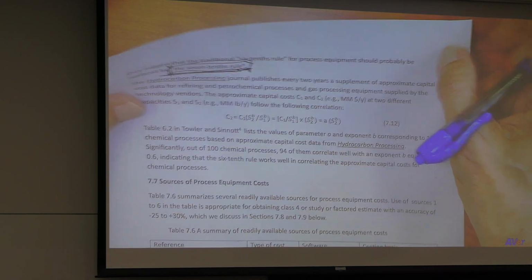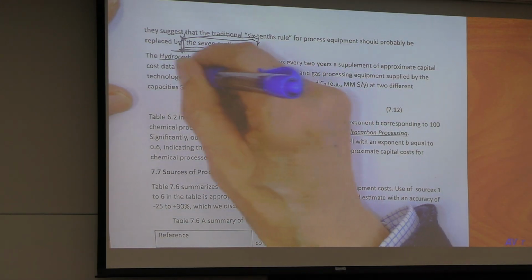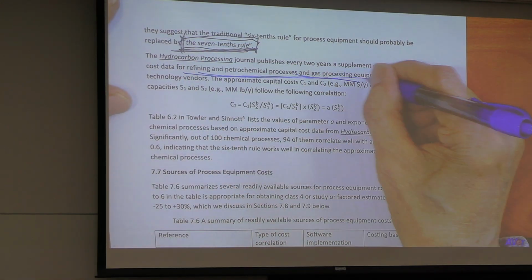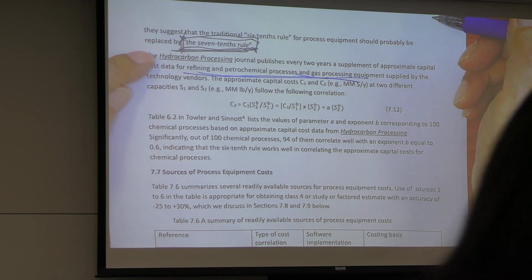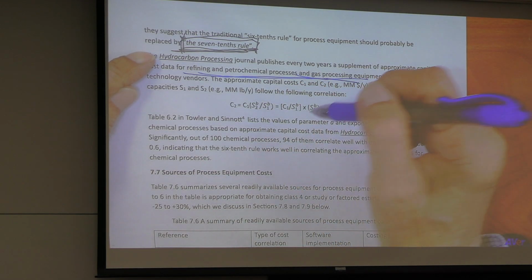Now, if you are building a large plant, large process, Hydrocarbon Processing is the magazine. They use the same type of capacity ratio.